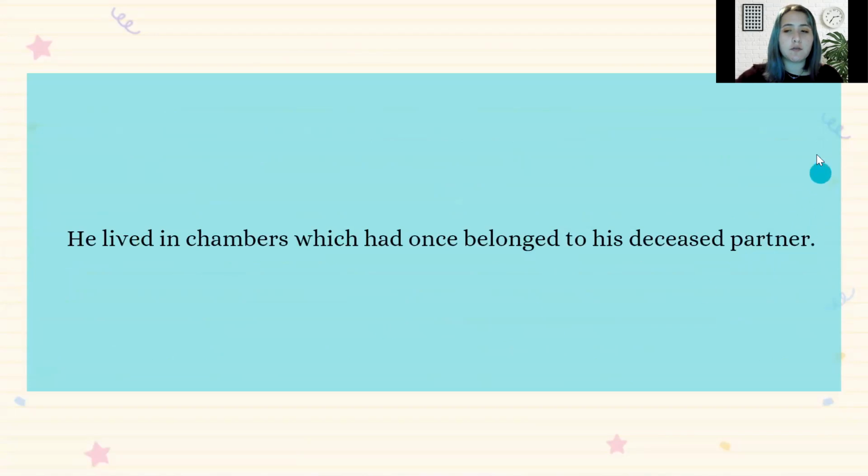This is the second paragraph and we can find two sentences here. So this is the first one. We look for verbs. These are our finite verbs. And we ask for subjects. So who lives in chambers? He lives in chambers. And who or what belongs to his partner? The chambers. And we look for the linking element, which.